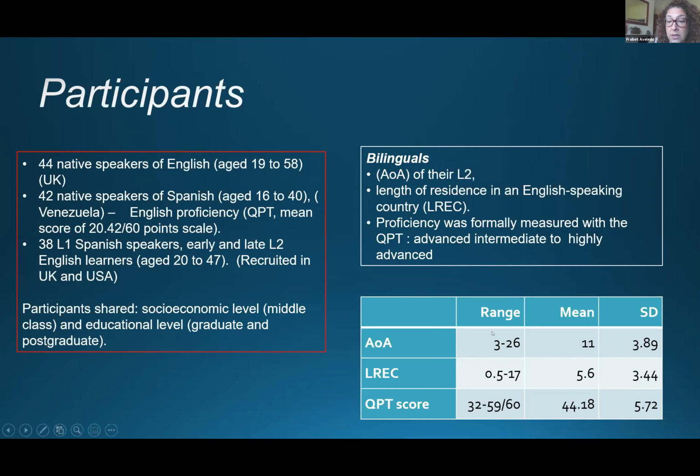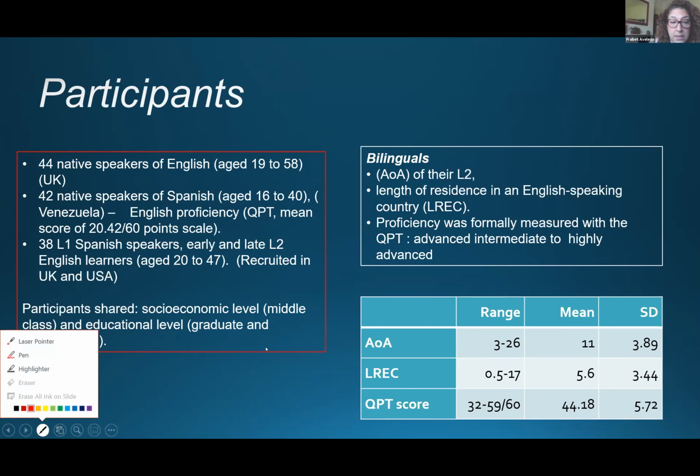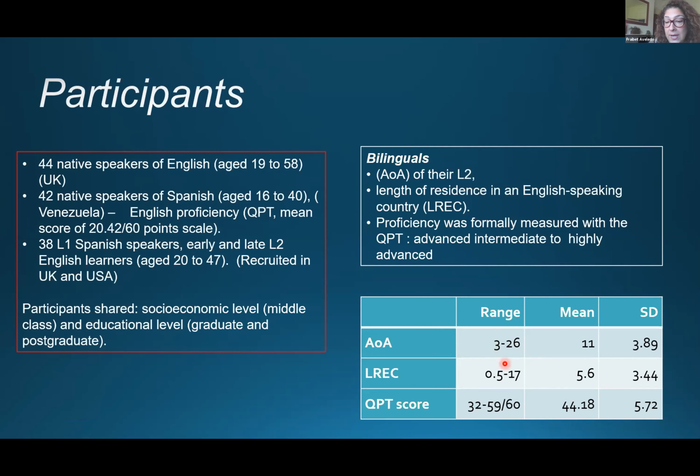You can see here, I think I can use the pointer, the range of when these participants acquired their second language. The length of residency varies greatly as well. And we tested their English proficiency with the Quick Placement Test.